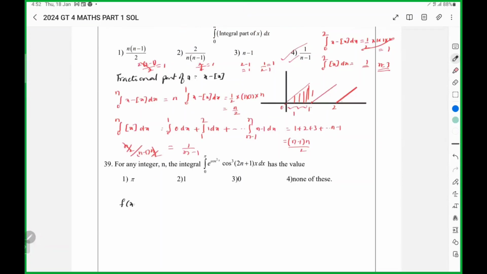Here f of x is e power cos square x cos cube of (2n plus 1) x dx. For any integer, I'll take n as 0. Cos cube x, this is our function.